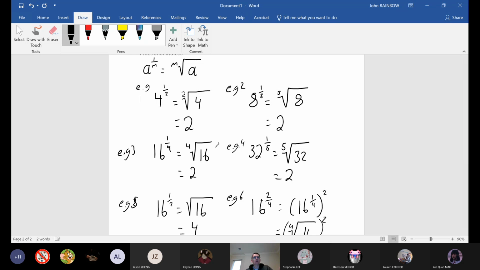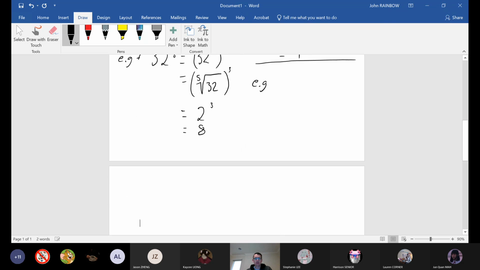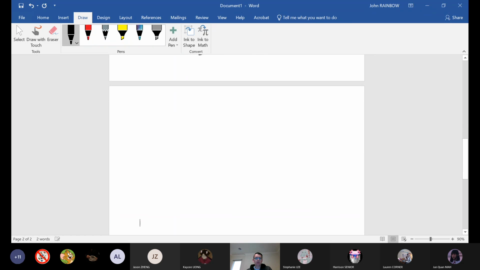So when you're thinking of an indice, let's stay with 2, what's 2 to the power of 4? We would say that means this thing is multiplied by itself 4 times. If I asked you what's 16 to the power of 3? Well, you'd say 16 is multiplied by itself 3 times.